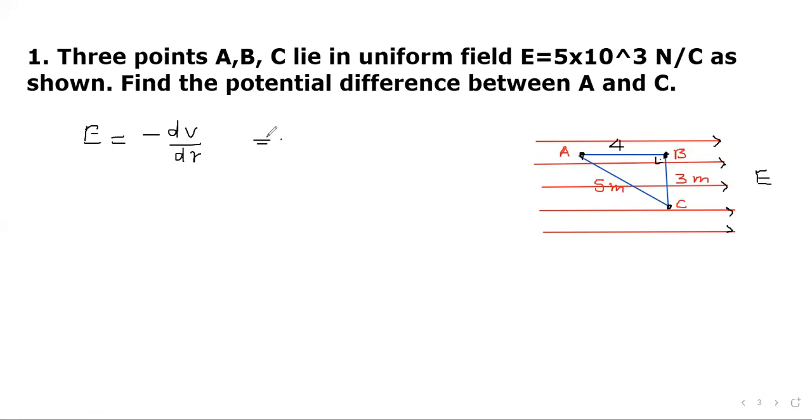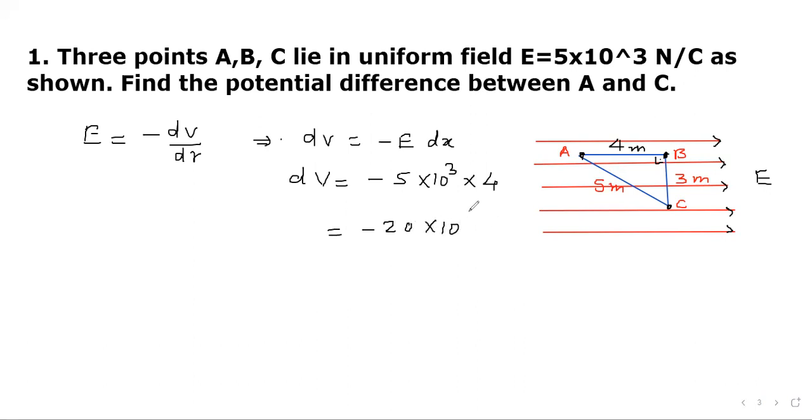So we can say dV equals minus E times dx, where dx is this distance. So we put the values: E is given as 5 into 10 to the power 3, and dx is distance 4 meter. So we just multiply and we will get minus 20 into 10 to the power 3 volt.